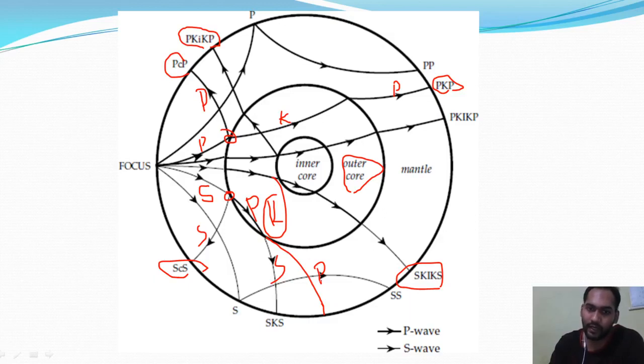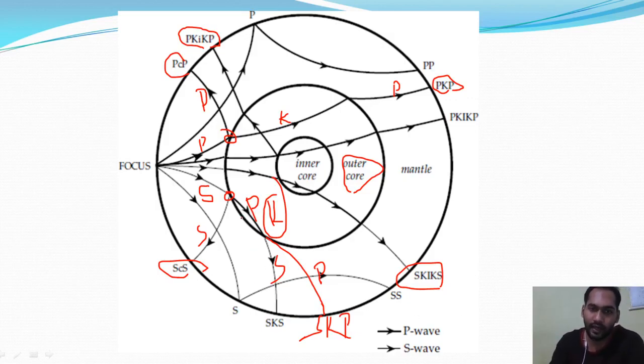It traveled in the mantle as a P wave. So it is SKP. Sorry for the writing here. So SKP means S in the mantle, P in the outer core, then P in the mantle, right?